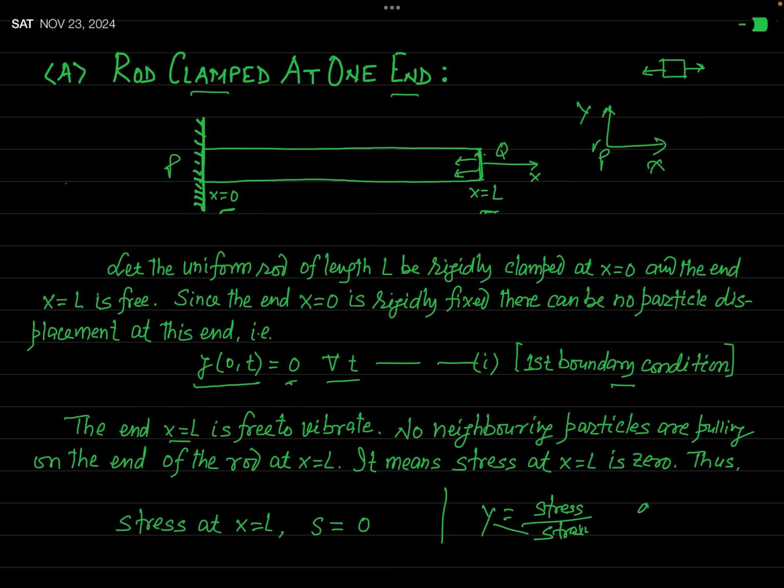But you have seen that this strain is equal to del y by del x at x equal to L. This is the strain at x equal to L, and when you multiply it by Y, you will get the stress. But at x equal to L, since no stress is acting, this will be 0.